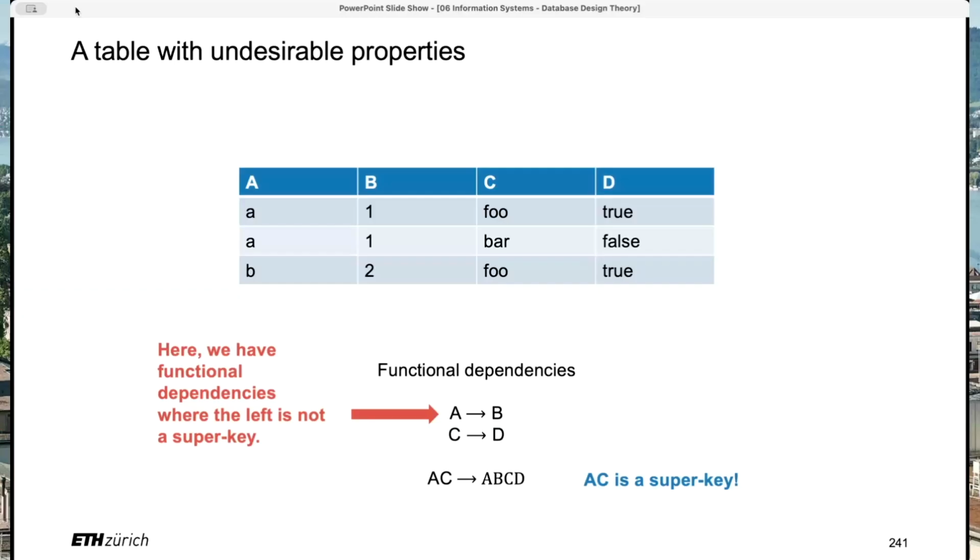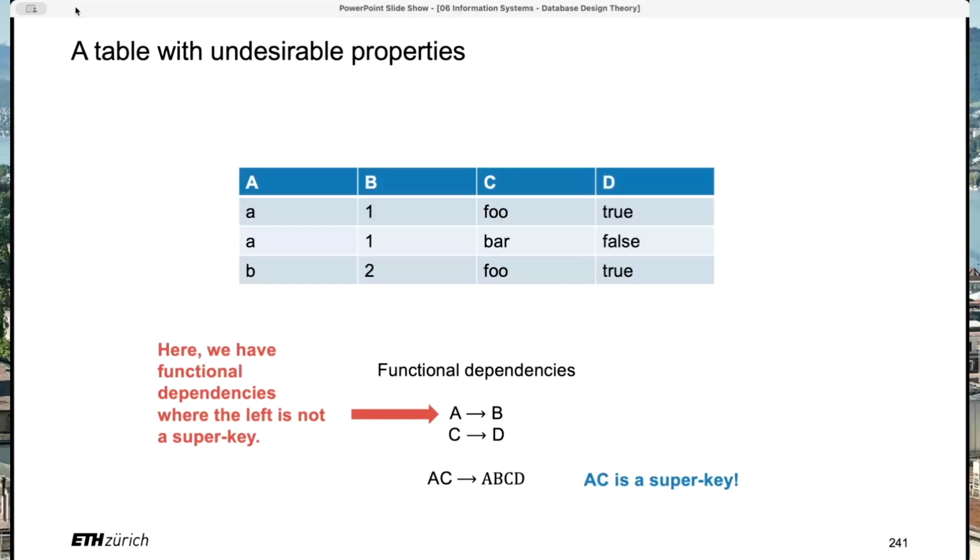You would not be able to derive that A gives you ABCD, or that C gives you ABCD. In other words, the closure of A is AB, and the closure of C is CD. So A and C are on the left-hand side of functional dependencies. These are non-trivial dependencies. It's not like we would have A determines A or C determines C. A determines B, C determines D.